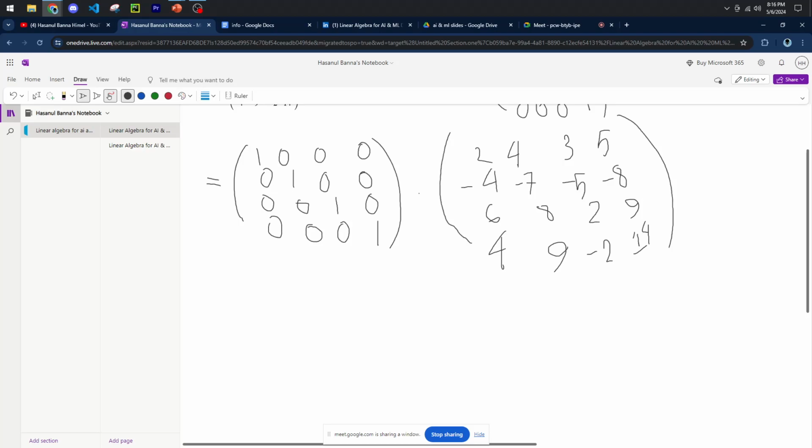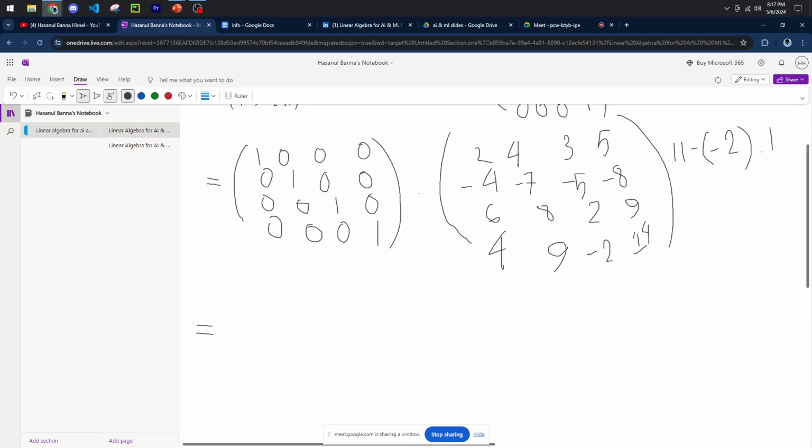If I multiply the second row with, sorry for that, if I multiply -2 with our first row, then we will make this 0. Now let's see. If I multiply this with -2 and our first value, what will we get?